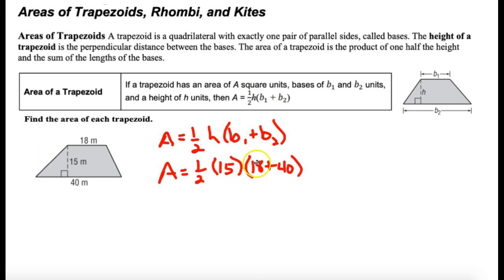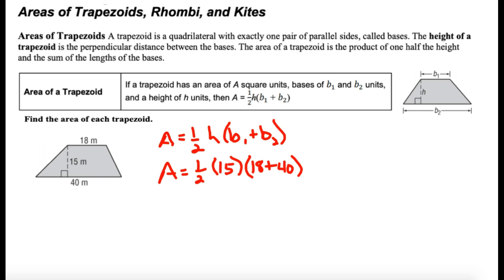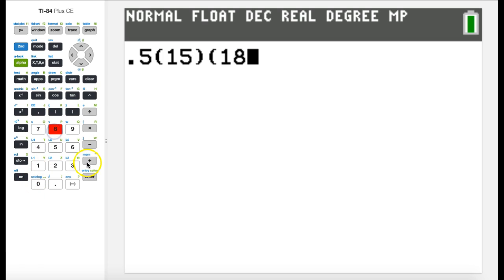I can type this into the calculator exactly like this. I'm going to do 0.5 for 1/2, but 0.5 times 15 times 18 plus 40, like that.